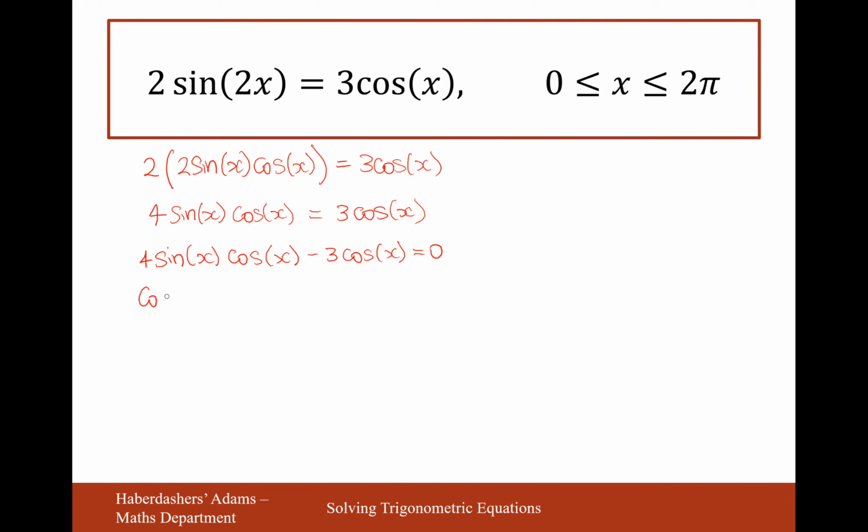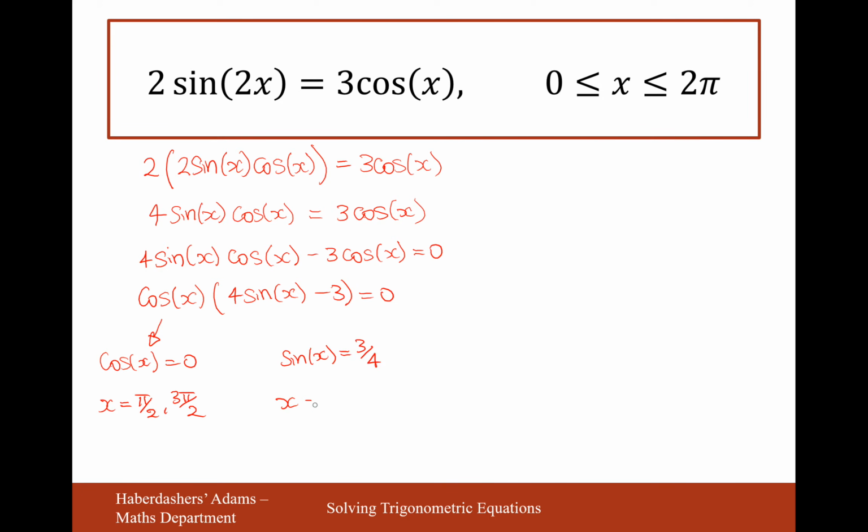And then factorize out the cos, so it's now 4 sine x minus 3 equals 0. So then we've got two equations for the price of one, either cos x equals 0, and in which case that's going to be pi by 2 and 3 pi by 2. And on the other side, sine x is going to equal 3/4.